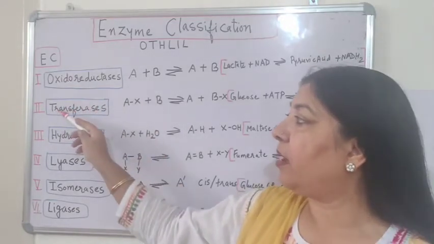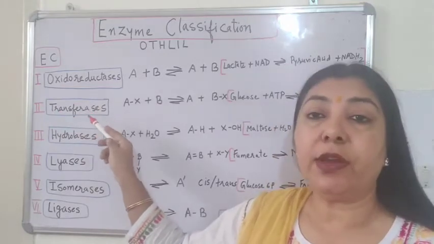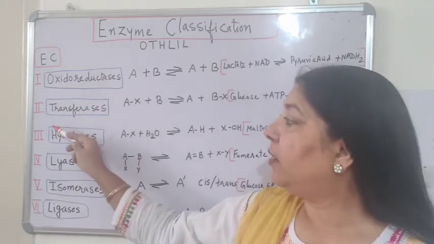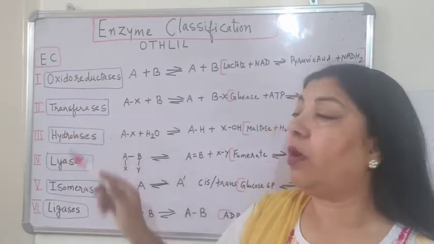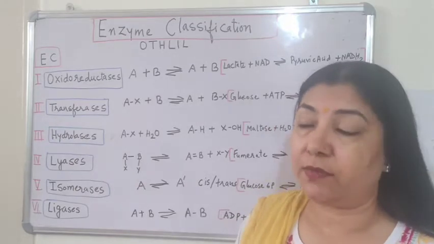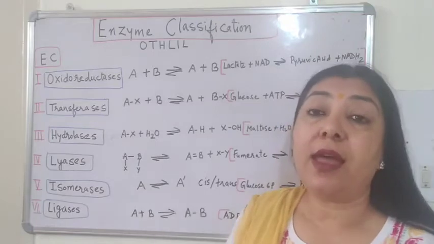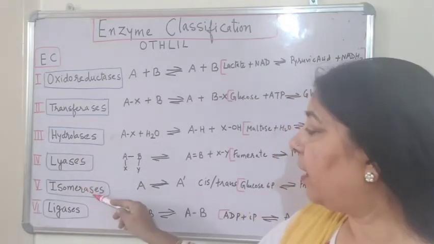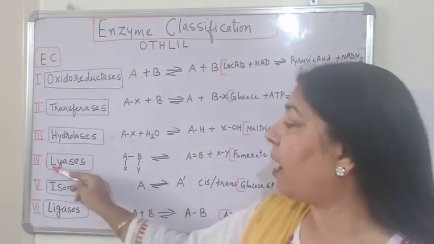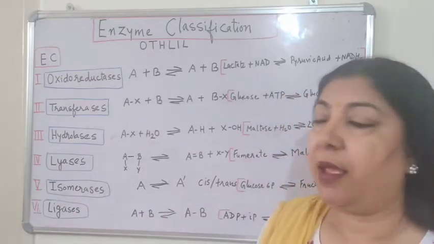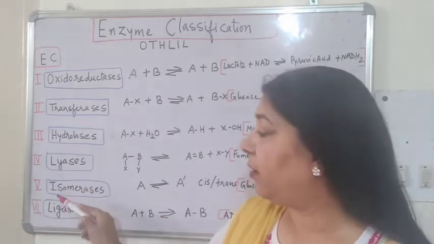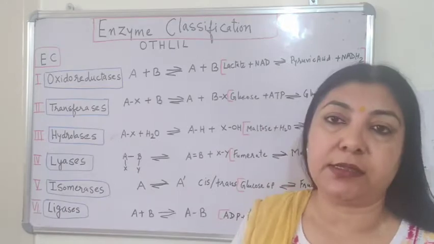Class 2, second class is called transferases. Third class, class 3 is called hydrolases. Class 4 is called lyases. Class 5 is called isomerases. And class 6 is called ligases.